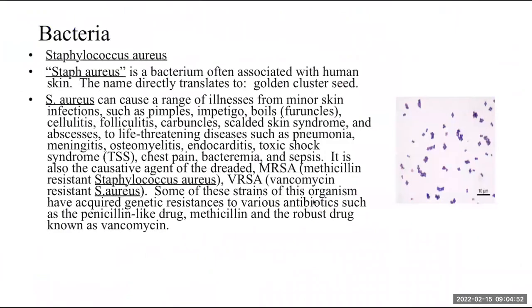Another bacterium you're going to take a look at is Staphylococcus aureus. Staph aureus is a bacterium that is associated with the skin. The name directly translates to golden cluster seed. That term staphylo, I think we've talked about this in the lecture portion of the course, refers to a grape-like structure.